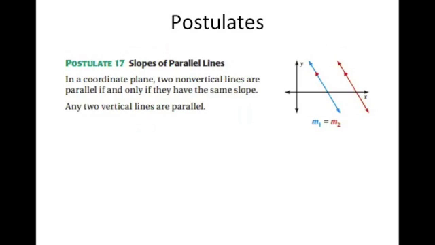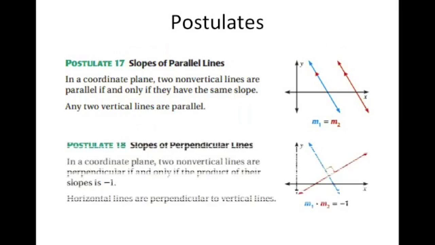Alright. Let's look at perpendicular lines. Oh, and by the way, two vertical lines, two lines going up and down, even though we really can't calculate those slopes, we do say that two vertical lines by definition are parallel. Alright? Let's look at perpendicular lines. Now this might be a little bit new for you. Okay? We say in a coordinate plane, two non-vertical lines are perpendicular if and only if the product of their slopes is -1.